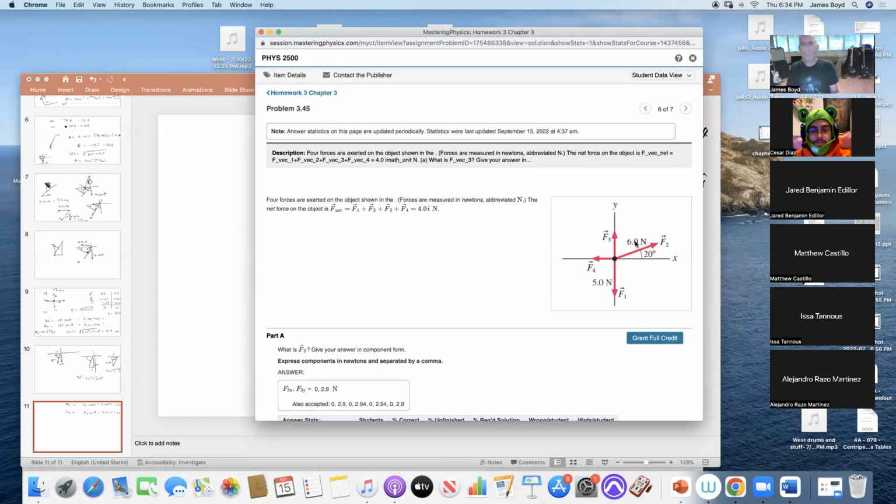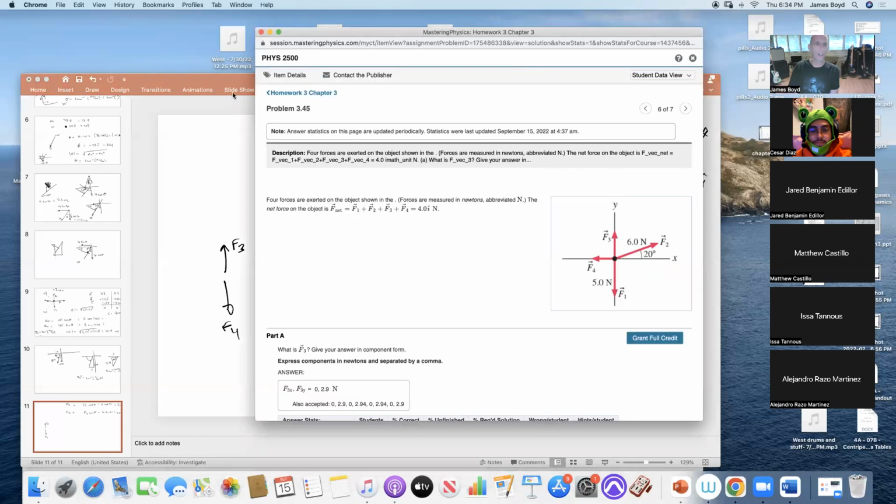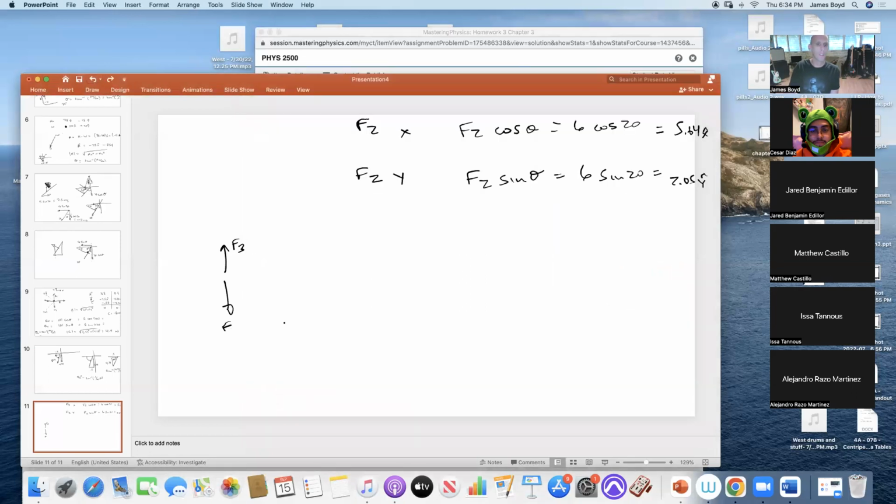All right, so we know what F2x is, F2y is, we know what F1 is. We don't know F3 and we don't know F4. What is F3? Now, we redraw these. We have F3 points up, F4 points down. Sorry, F1 points down. F1 is 5. We don't know what F3 is.